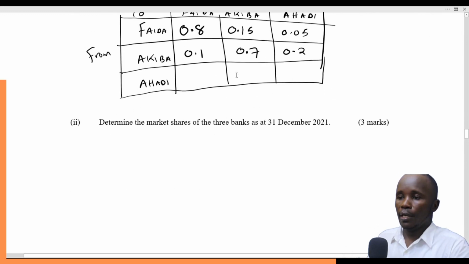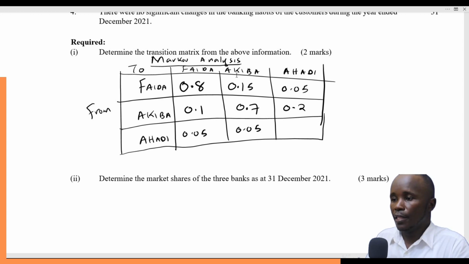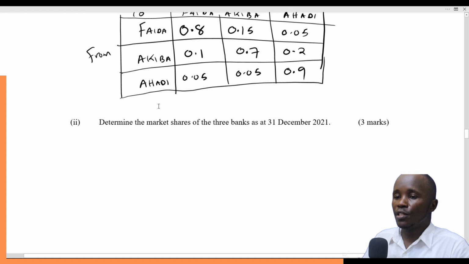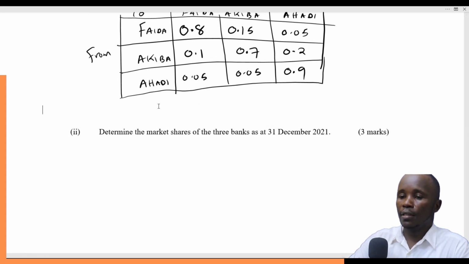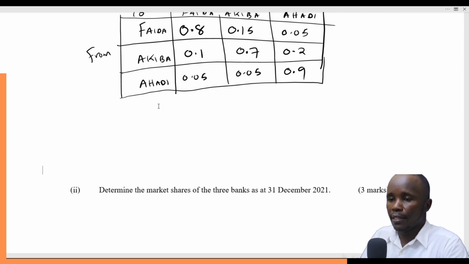Meaning 5% went to Faida, so this is 0.05, and this is 0.05, meaning those who remained with Ahadi are 0.9. Having done this, now you can come up with your matrix. We say that a matrix is enclosed by a bracket.